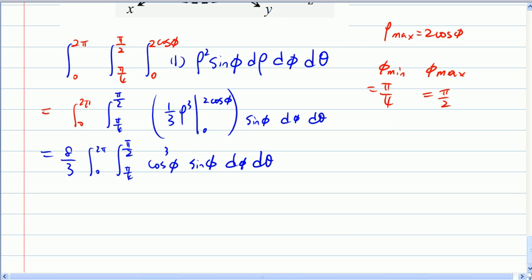Now you integrate this portion, and it's a simple substitution rule.